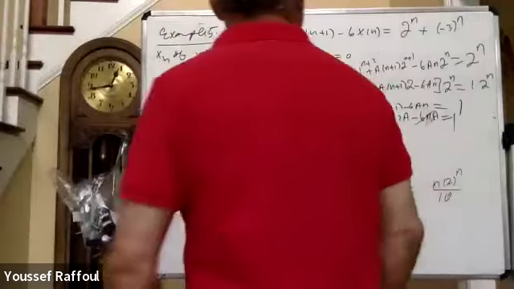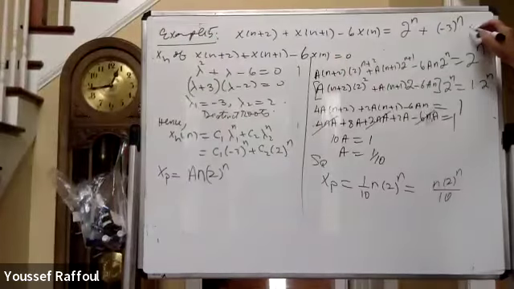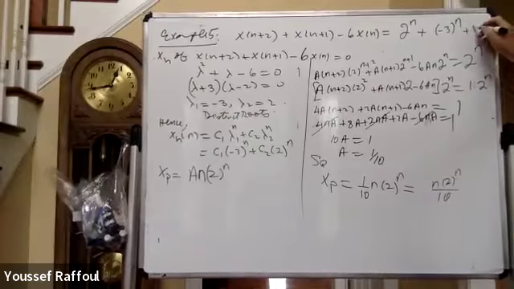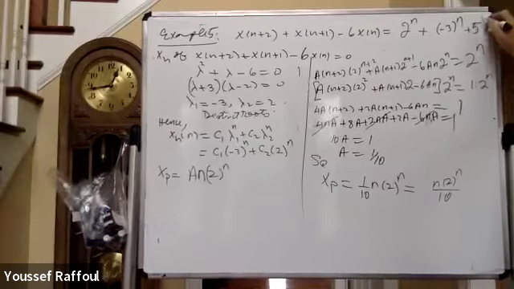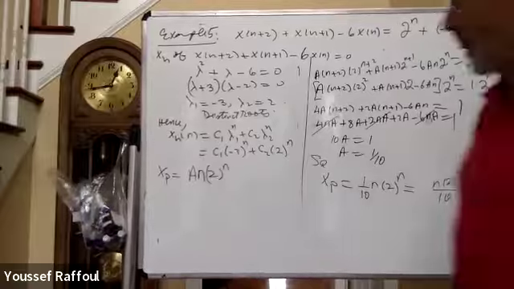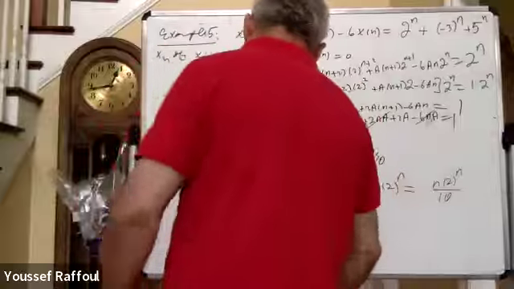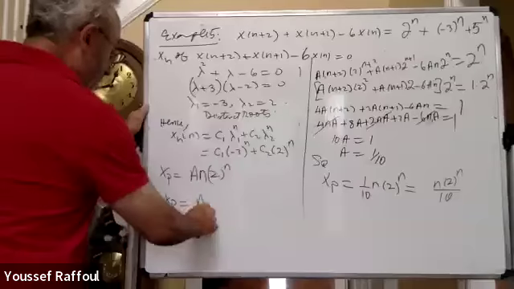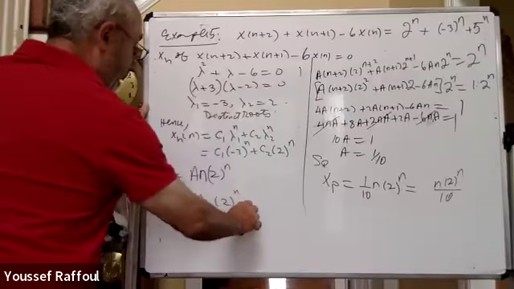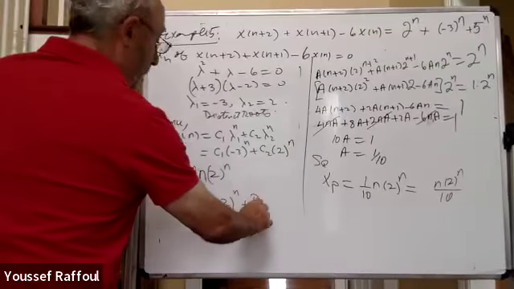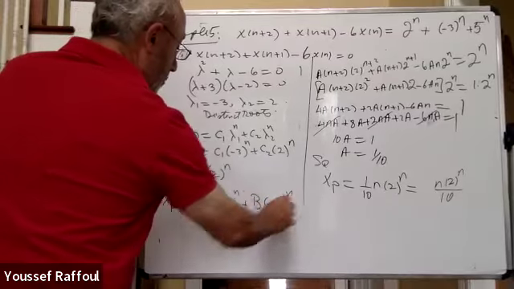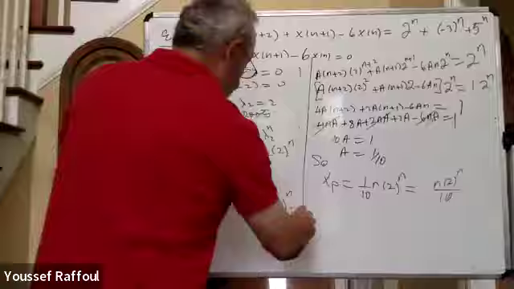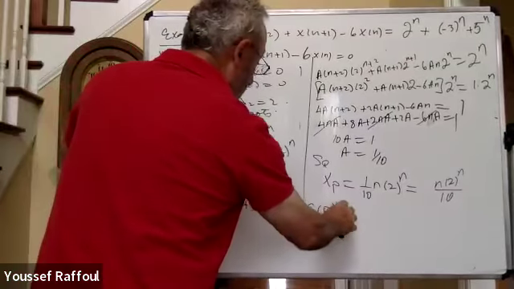How about this one? 2 to the n minus 3 to the n plus 5 to the power n. Is that what you're asking? Yes. So xp is gonna be a times 2 to the power n plus b times minus 3 to the power n plus c times 5 to the power n.